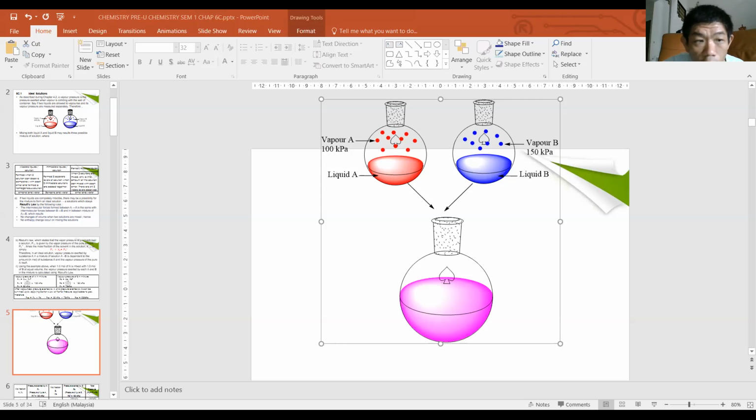Now in this case, you shall have two different laws that you would like to apply. For the liquid, you are going to use what we call Raoult's law, where you use PA equals XA times PA naught.